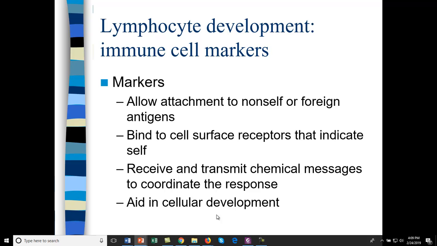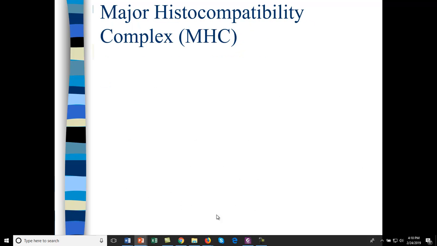Okay, you don't want the immune system to attack self, so you have to have some type of binding with self in order for the immune system to decide what it's going to attack. And then these markers will receive chemical messages, usually by small proteins, to coordinate their response, and they aid in cellular development.